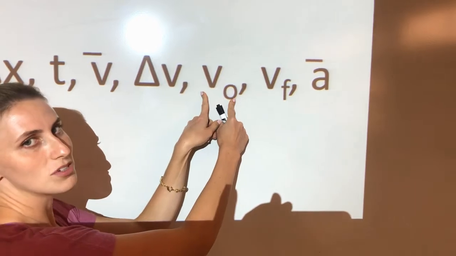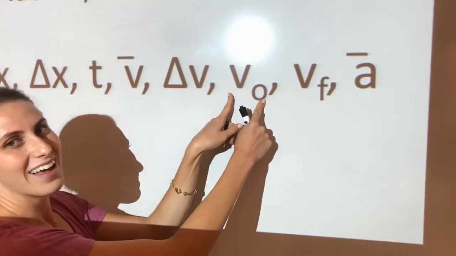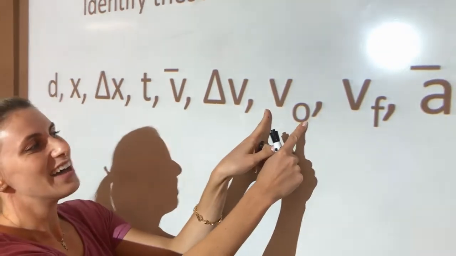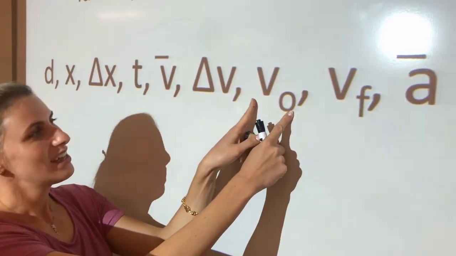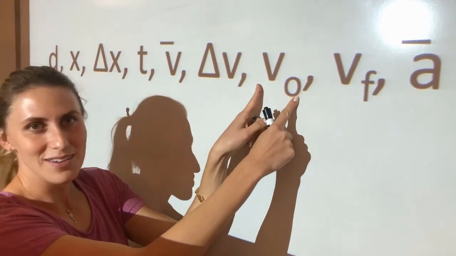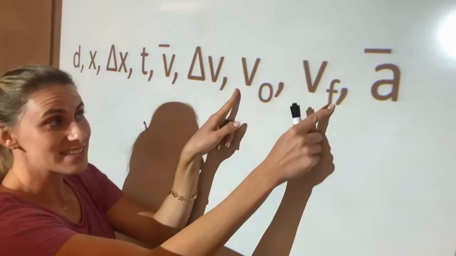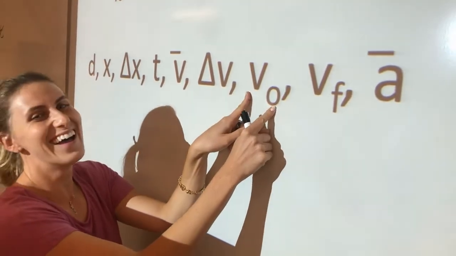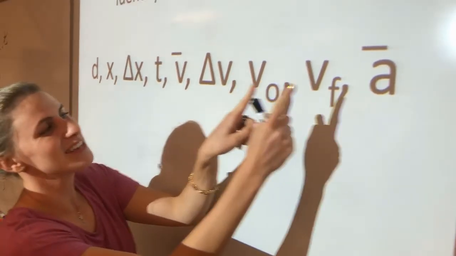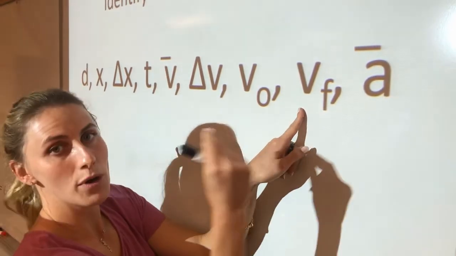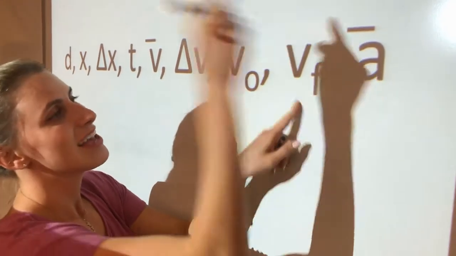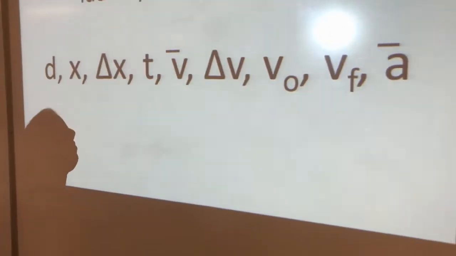Oh, just kidding, I got too excited. Mr. Boykin's wrong, you're right. It's initial velocity, but it's an instantaneous velocity. These are both instantaneous velocities. It's a good thing I'm not teaching anymore. Initial velocity, final velocity, which are both instantaneous velocities, and then average acceleration.